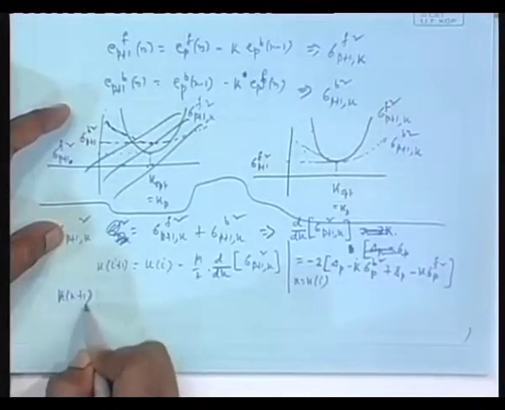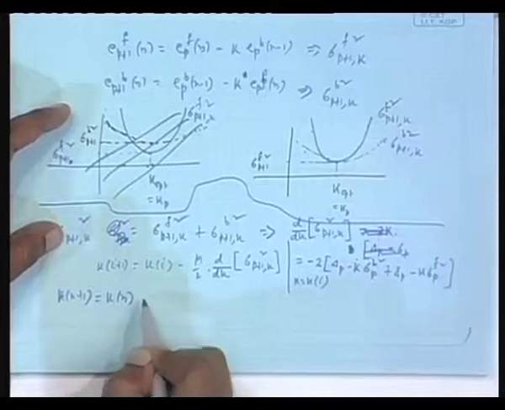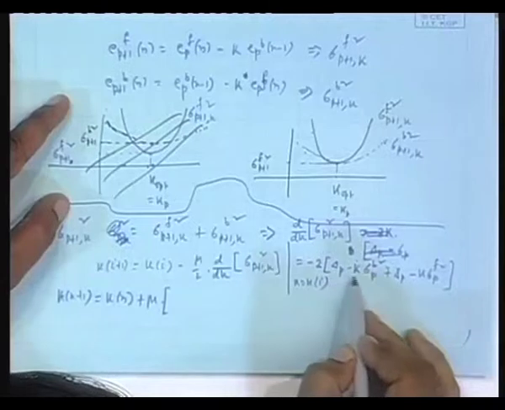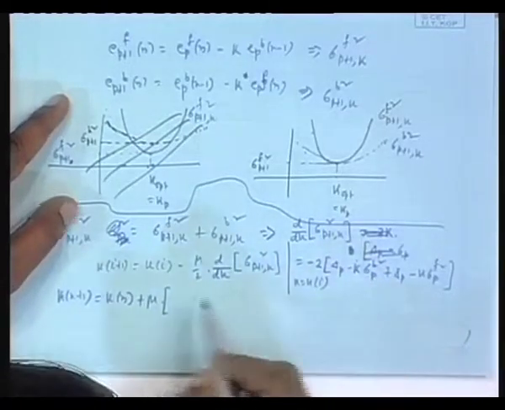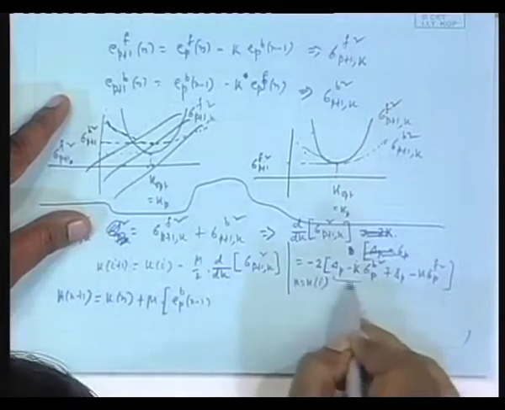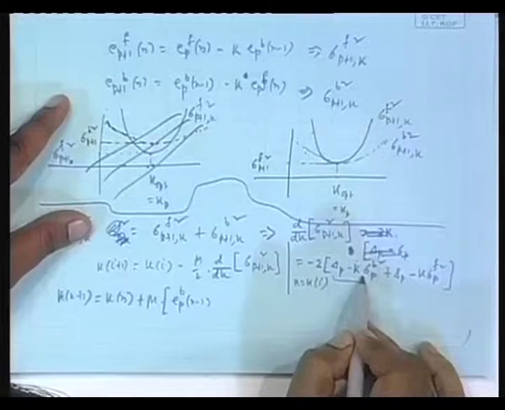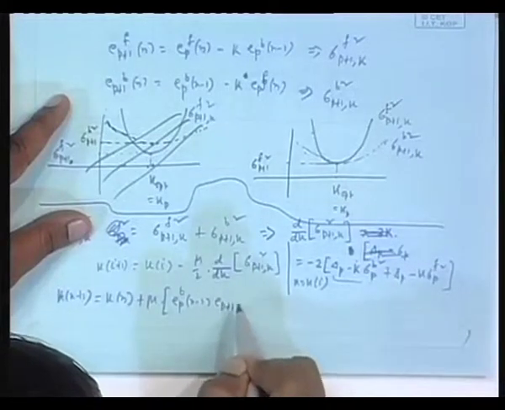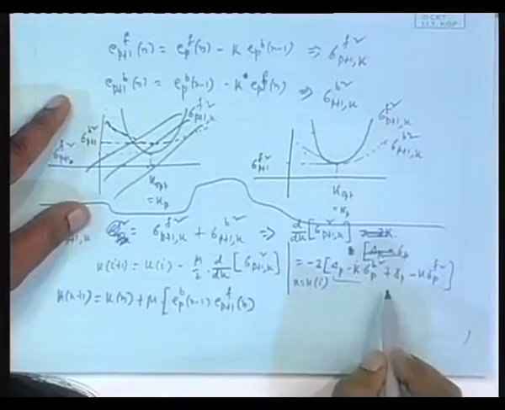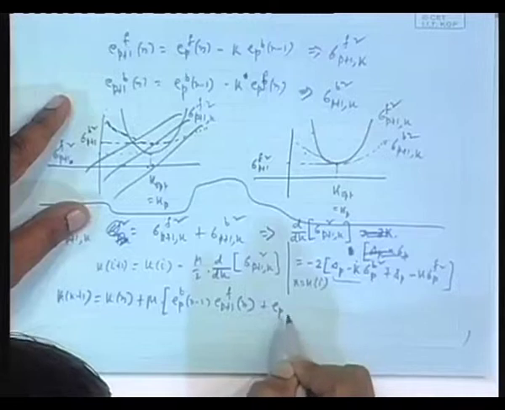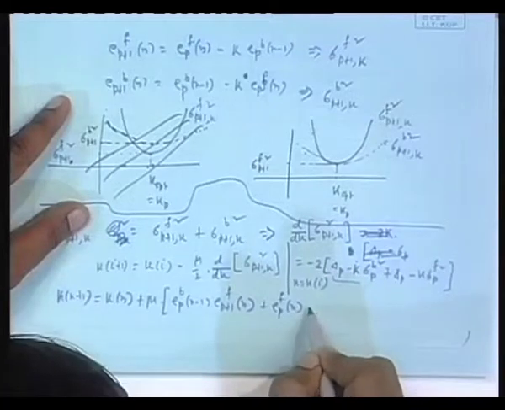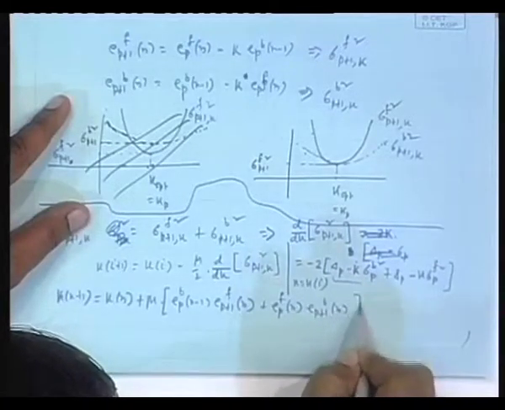So k n plus 1 equals k n plus mu into, you take e p f n common. Between these two you take e p b n minus 1 common. So e p f n minus k n times this. Another one, you take e p f n common.